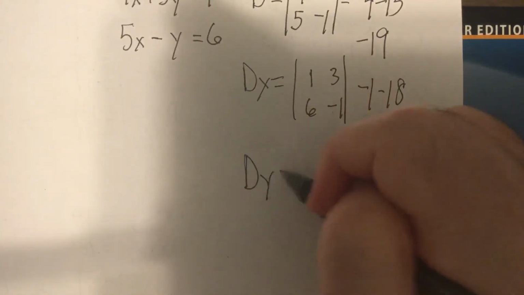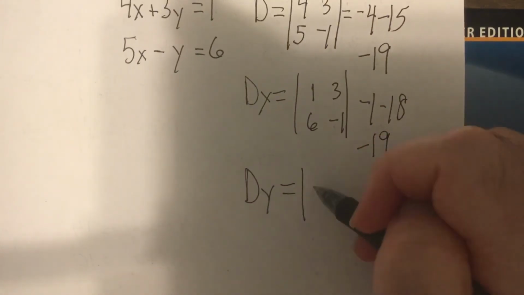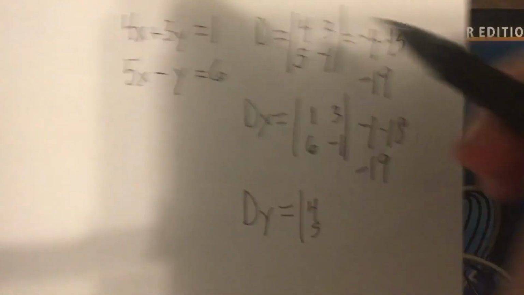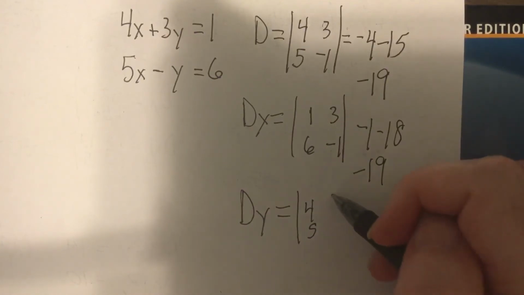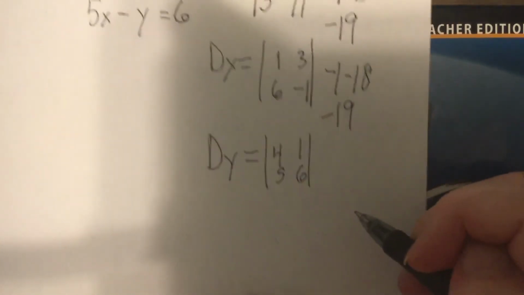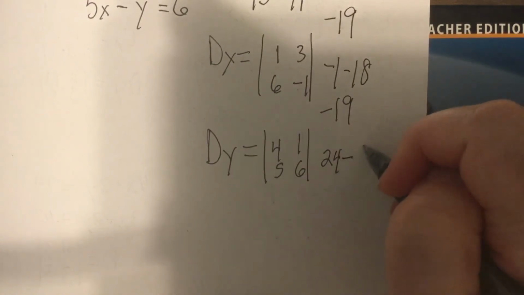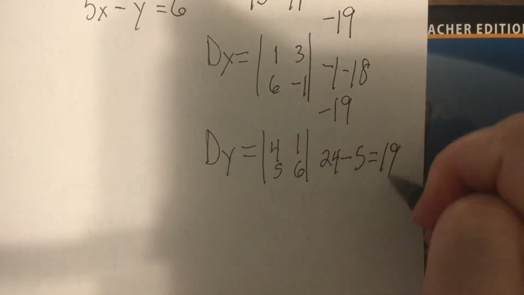And Dy, you leave the x coefficients alone, which are 4, 5. And then you put in the 1, 6, the constants, for the y. So that's 24 minus 5 is 19.